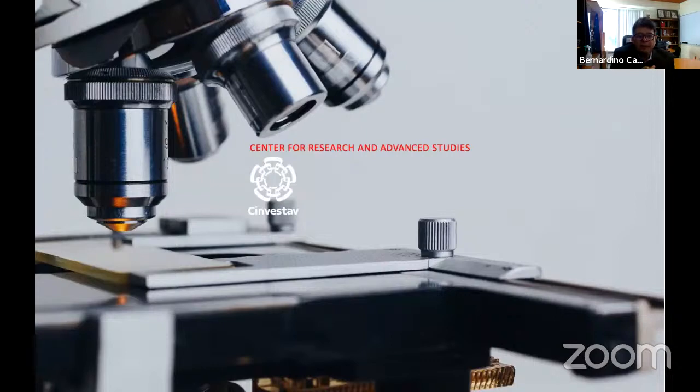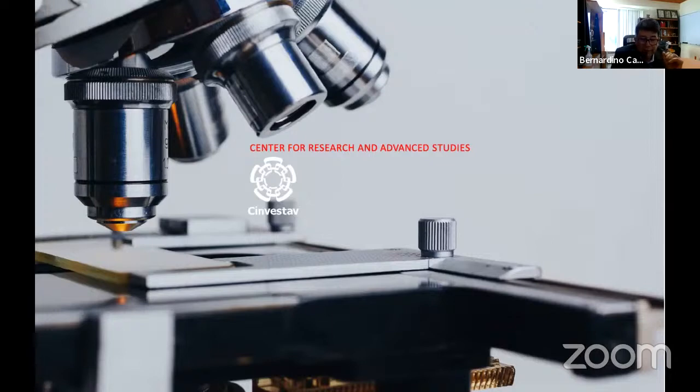My institution is the Center for Research and Advanced Studies, whose acronym is CINVESTAV. I'm going to talk briefly about CINVESTAV and some general topics, and later on I will introduce the Guadalajara Campus, which is the campus where I'm working.